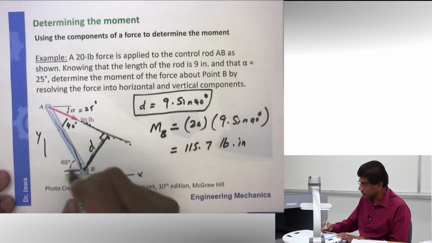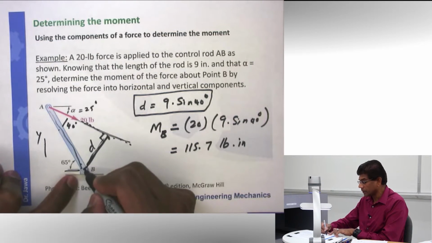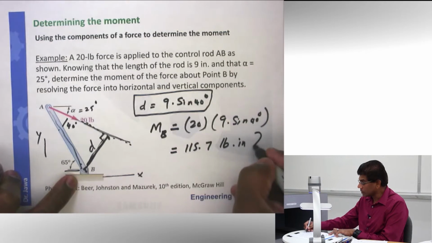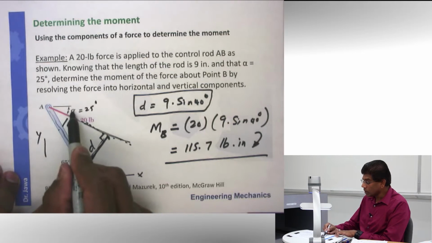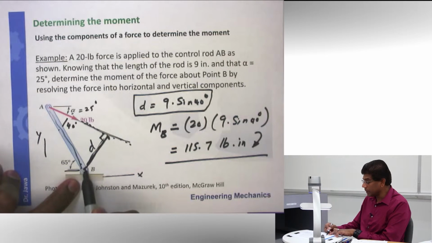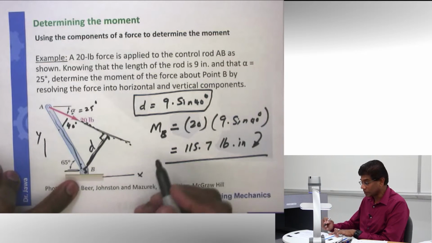And as you can see, this force is going to tend to rotate this object with respect to B in the clockwise direction. So that's the answer. The moment of this force about point B is 115.7 pound inches in the clockwise direction.